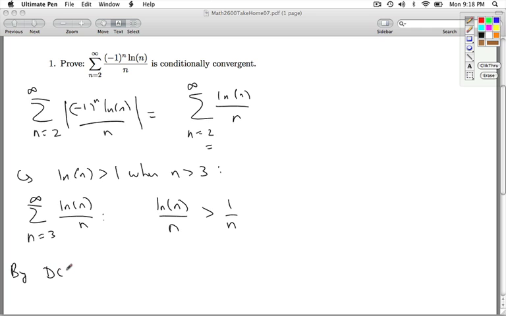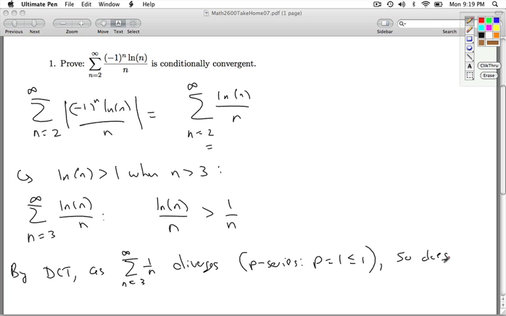And so by the direct comparison test, as the series n equals 3 to infinity of 1 over n diverges, because it's a p-series, and p equals 1, which is less than or equal to 1, it's a harmonic series, so does the series we're given, the series n equals 3 to infinity of natural log n over n.